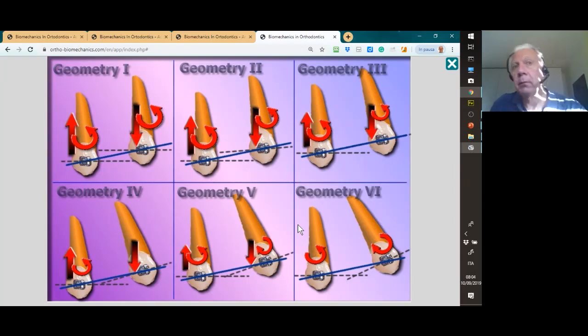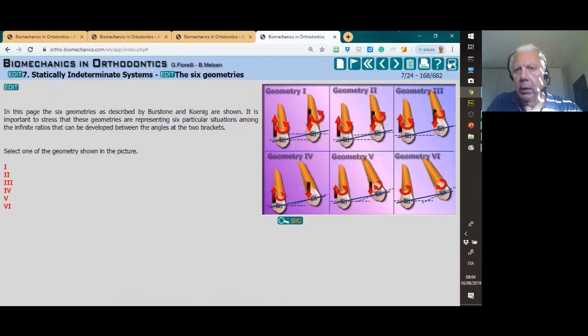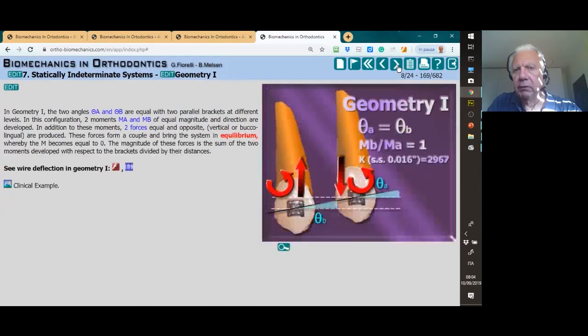In these cases, we could talk of a situation which is in between geometry 1 and 2, or in between geometry 2 and 3. So now I'm going to describe the force systems that are in different geometries.